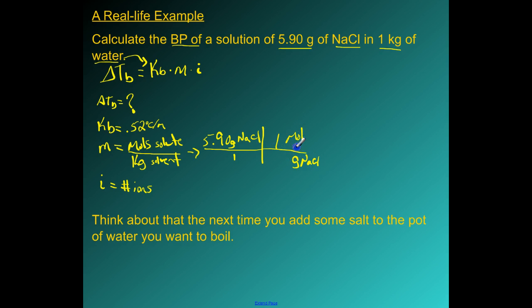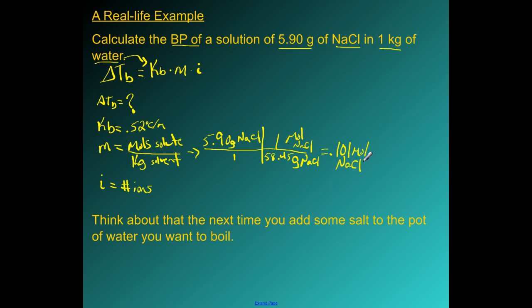It's always 1 mole, and I need to find the molar mass of sodium chloride. So find the periodic table and add up their masses. Finding the mass of sodium chloride at 58.45, I can then simply divide my 5.9 on my calculator by the 58.45 to obtain 0.101 moles of NaCl.